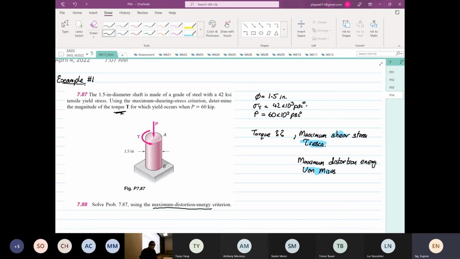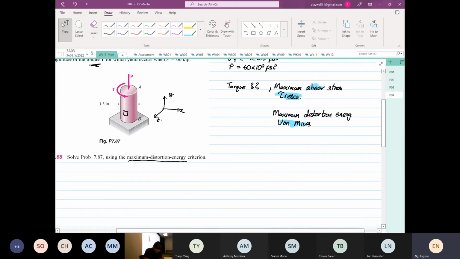Now, if we were to put an element down here, we're going to call this direction X, going up it's Y, and this is Z. If we were to draw the element out and look at the stress state, we will have a stress coming down, that's Y. And then the shear, because the torque is applied this way, the material wants to move in this direction.